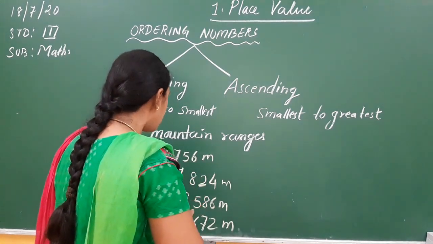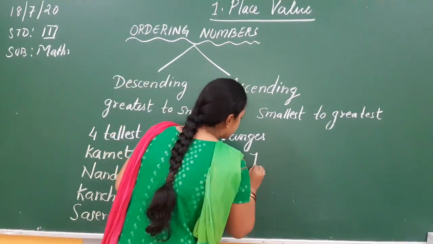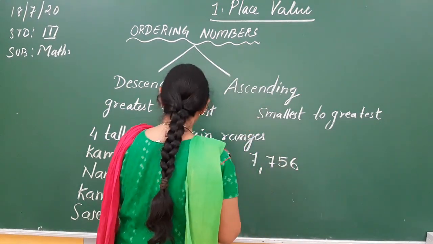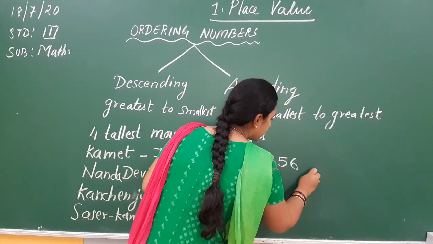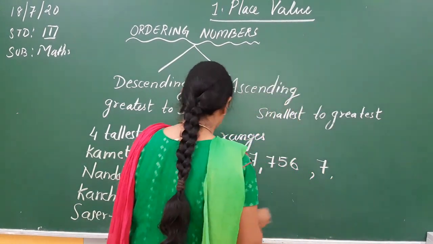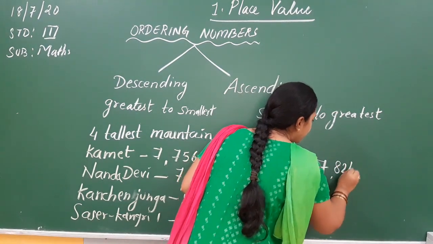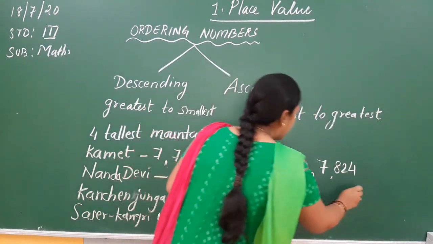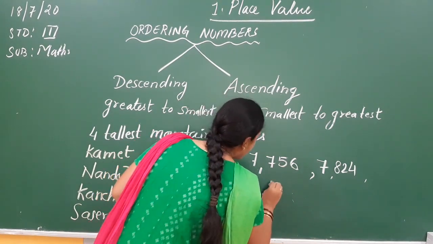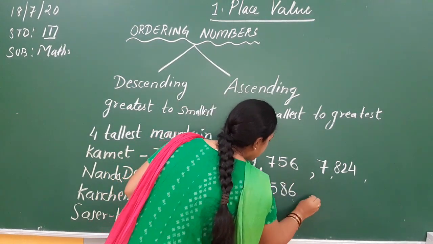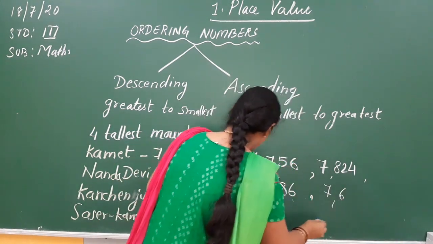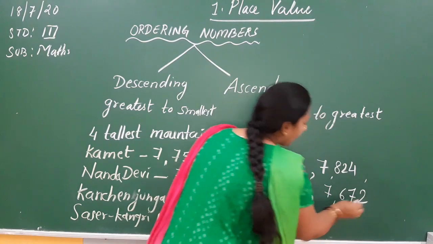So what are the numbers we are having? Let us write down all the numbers: 7,756, then 7,824, then 8,586, and 7,672.